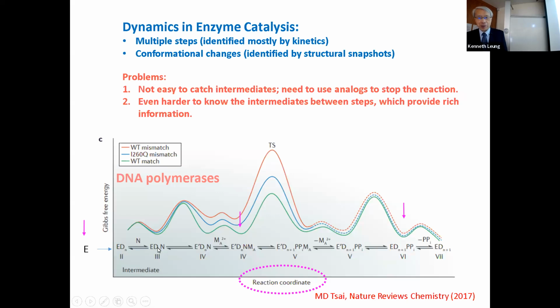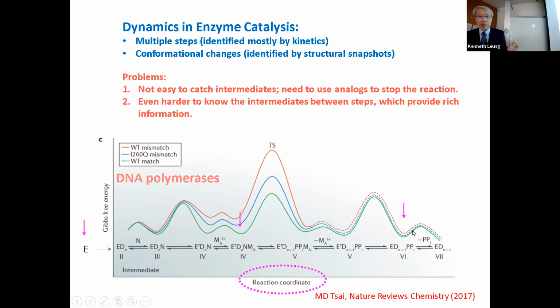It has to match with DNA, and then the enzyme undergoes a conformational change, then has to bind metal ions, or more than one metal ion, goes through the transition state, and then gives the product, and then the product has to get released, going through multiple steps.